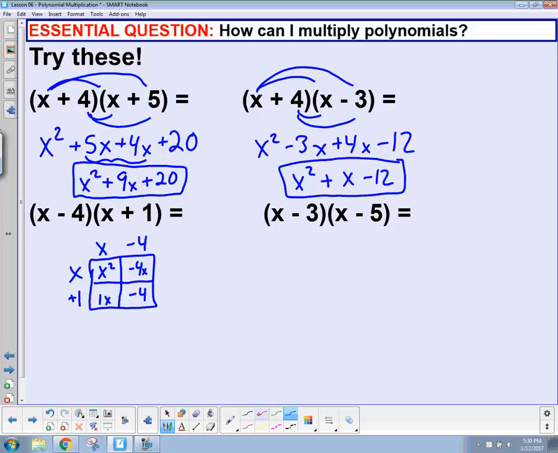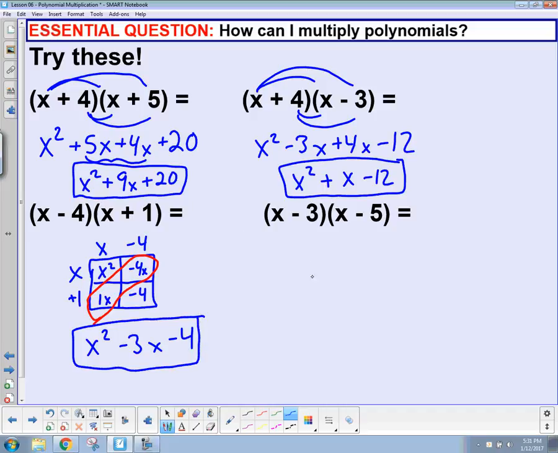Check this out. You add your diagonals, okay? So, right beneath it, we're going to go leading coefficient, x squared. Negative 4 plus 1, negative 3x. And bring down the negative 4. Again, it's in standard form.